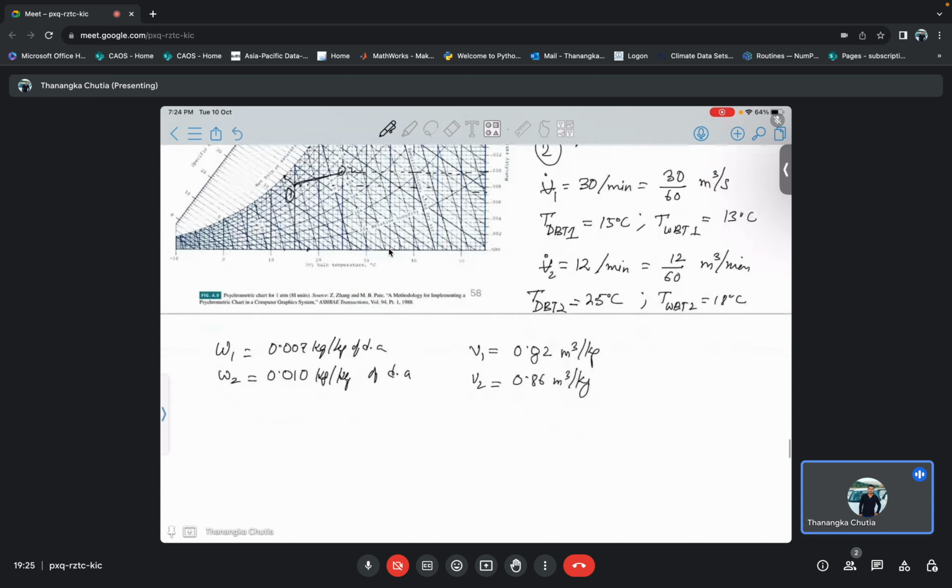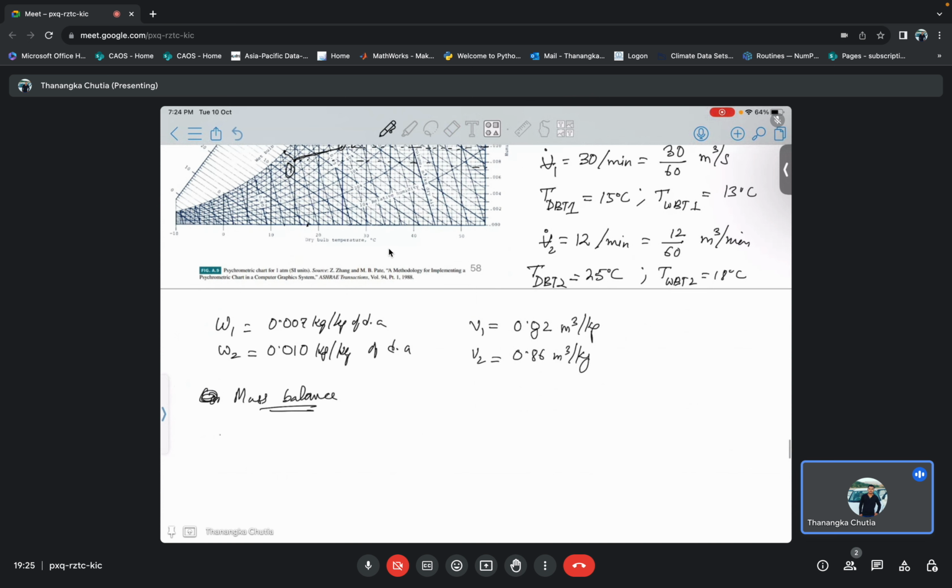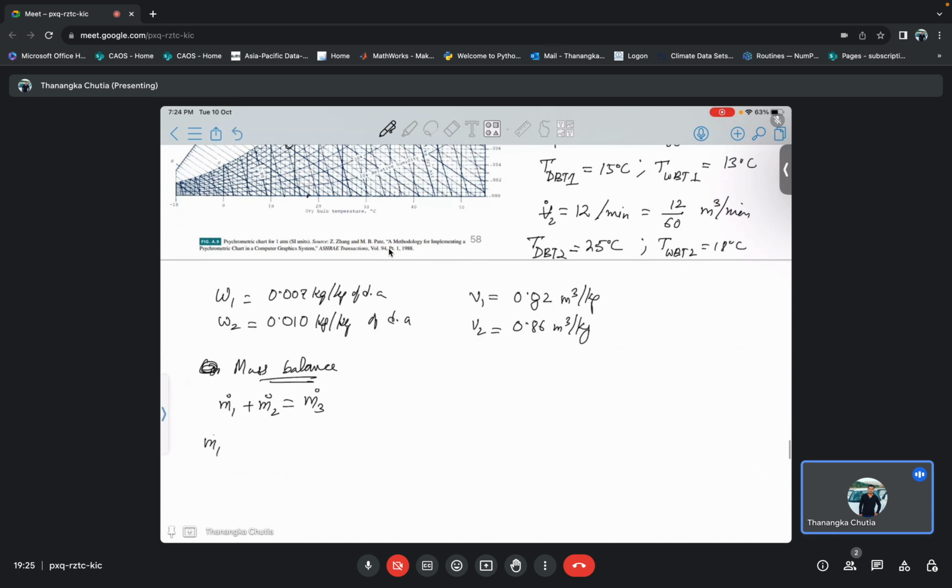Okay, so conservation of mass or mass balance: we can write the mass balance as m1 dot plus m2 dot will be equal to m3 dot. And again m1 dot w1 plus m2 dot w2 will be equal to m3 dot w3.